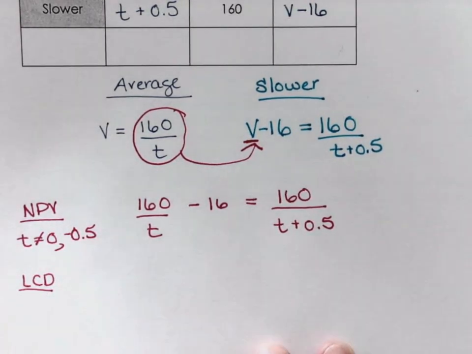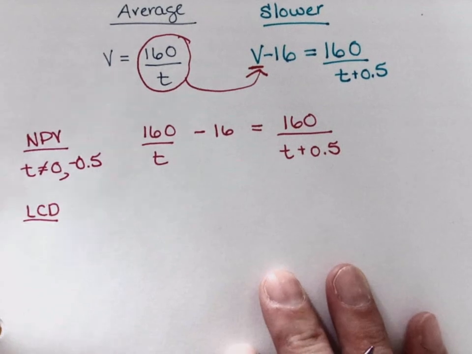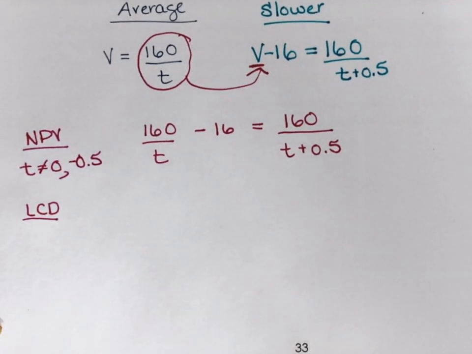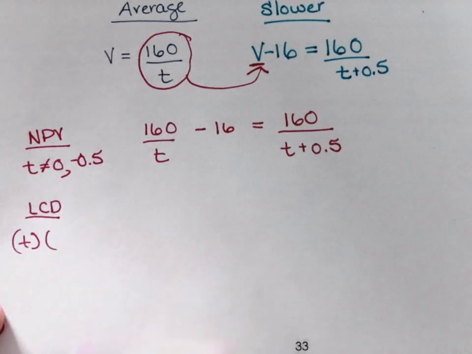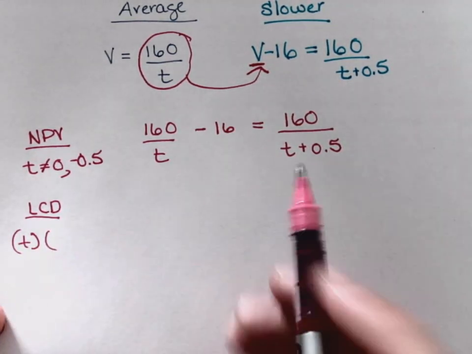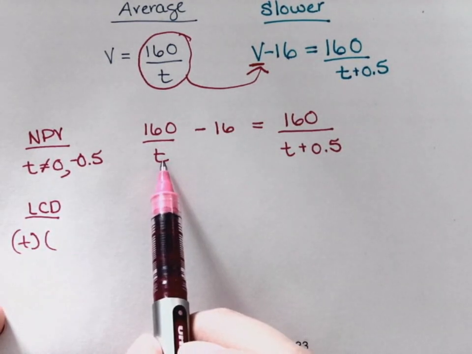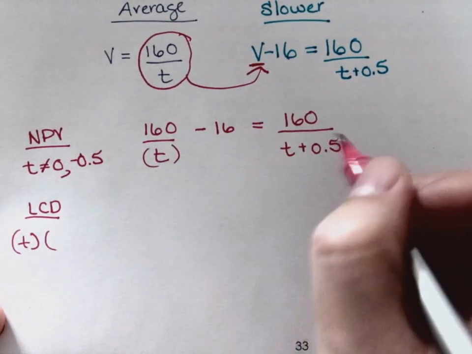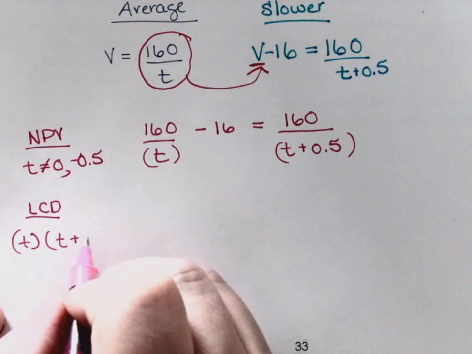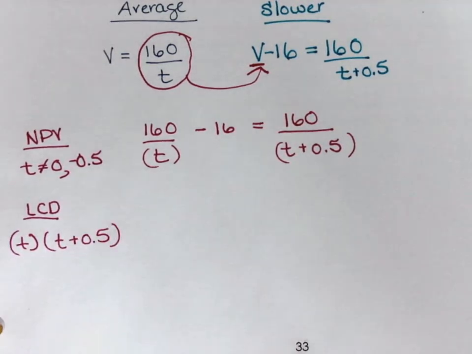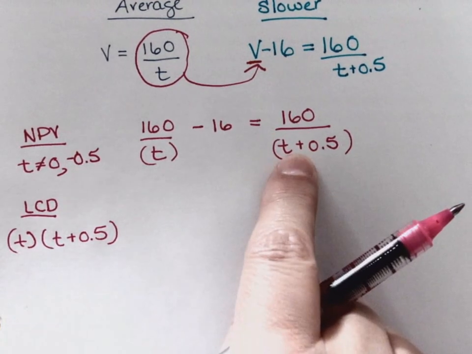So what's my LCD? T times T plus 0.5. Okay, so this is its own thing, and this is its own thing. So we are going to have T plus 0.5. It has to have both those denominators in it because this is a set.